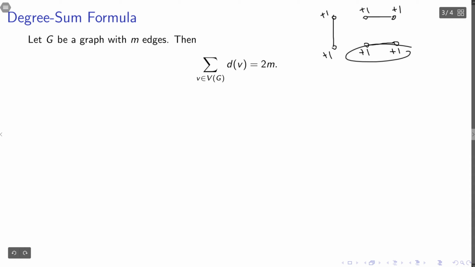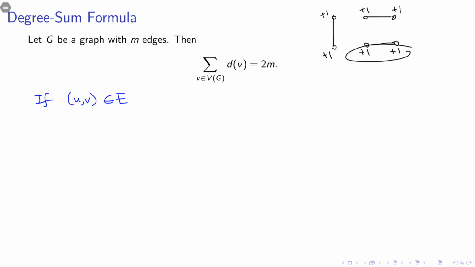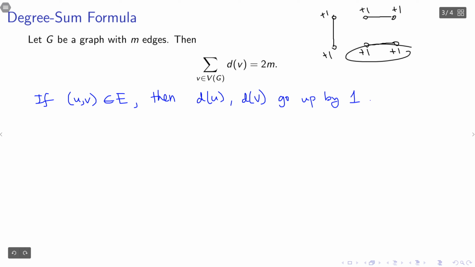But we can actually do one better than that in terms of the argument here. In fact, if I add the edge uv, so if my graph G has the edge uv in it, then if I add that edge to the graph, the degree of u and the degree of v go up by 1 each.